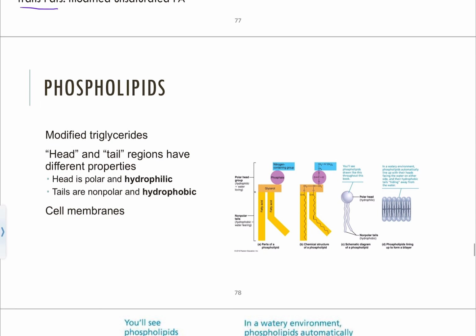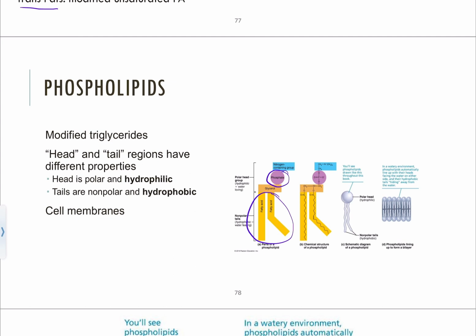Moving on to phospholipids, which are basically modified triglycerides. Structurally they're very similar, except instead of 3 fatty acid chains, they only have 2 fatty acid chains, and a phosphate group replaces the 3rd fatty acid chain.